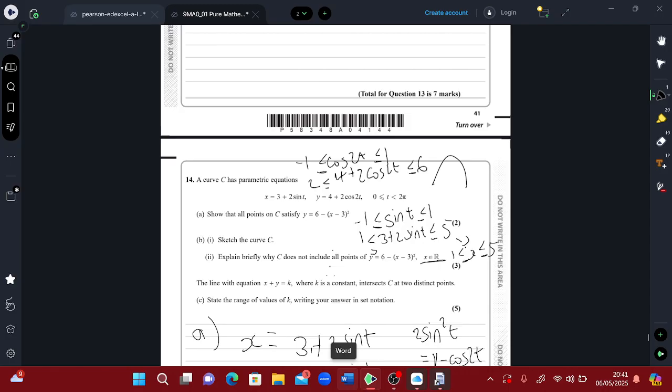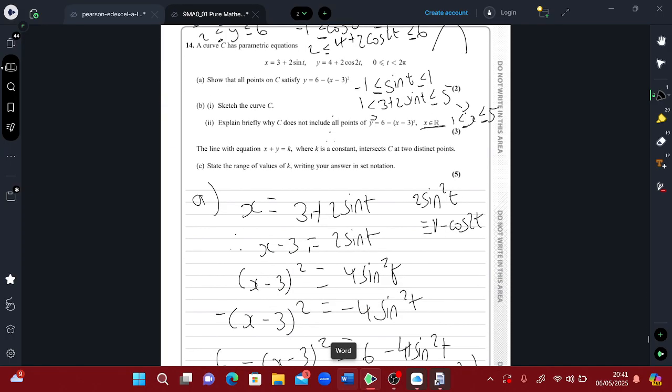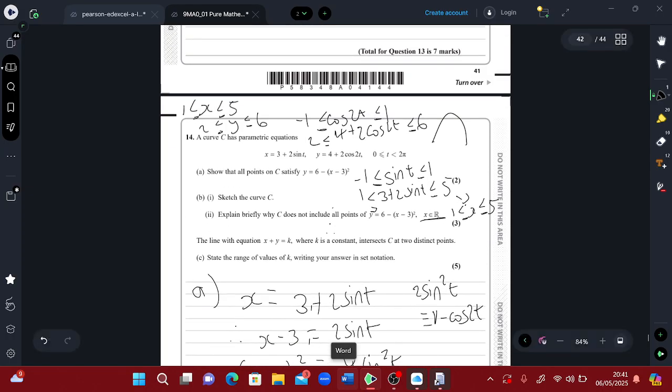So it's saying that this original parametric equation, which is the curve C, has x between 1 and 5, right? Because of how the range of sine and cos t works. And y is between 2 and 6. However, if you go back to the graph, the graph here looks like this, right?